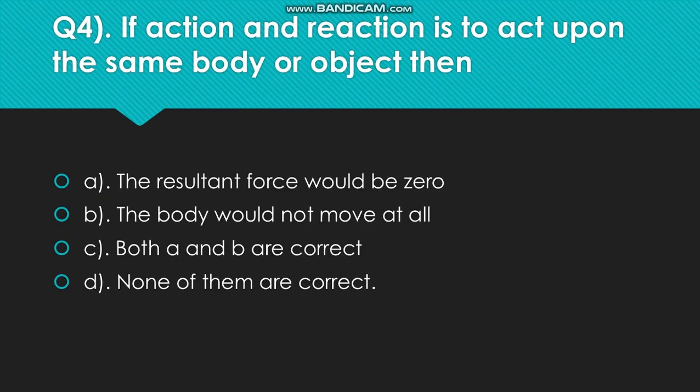If action and reaction act upon the same body or object, this is the case that I told you about for the first question. Let's say this is your force of action Fa, and this is your force of reaction Fr. The action force is equal to the reaction force, and if you bring this quantity to this side, Fa minus Fr would be 0.